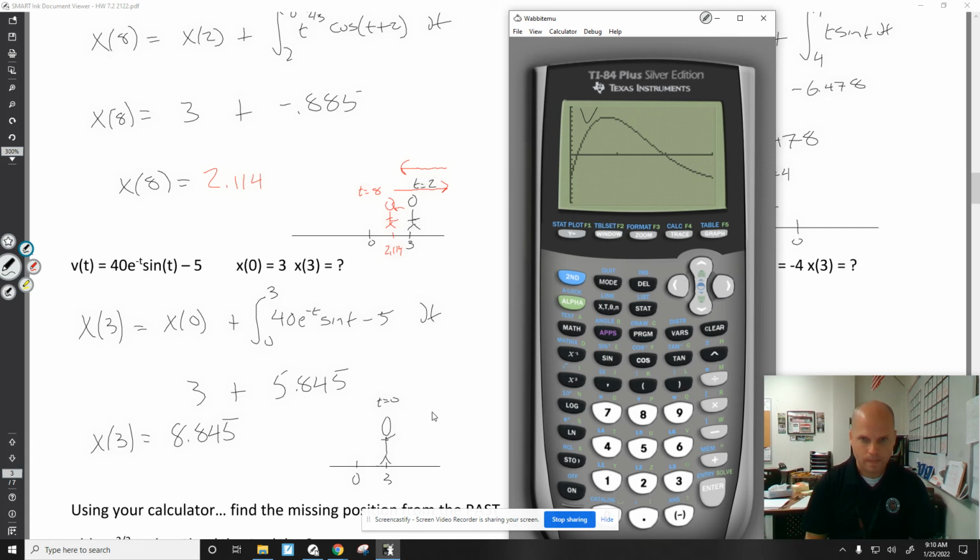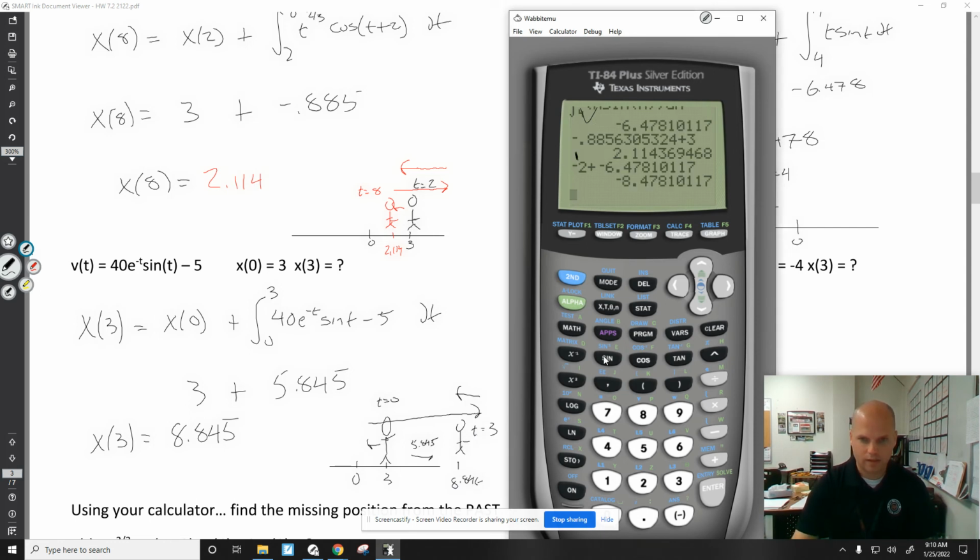When t is 0, I move to the left a little bit until this moment in time. We can calculate that. I move to the right a bunch, and then I end up moving to the left some. Where do I end up? 5.845 units away from where I started. That's my displacement. I ended up at 8.845 at the third second.